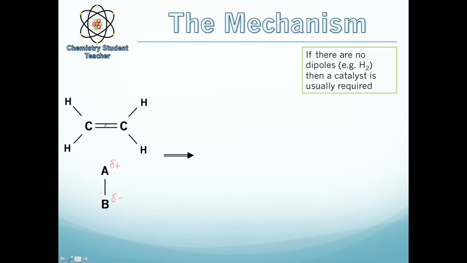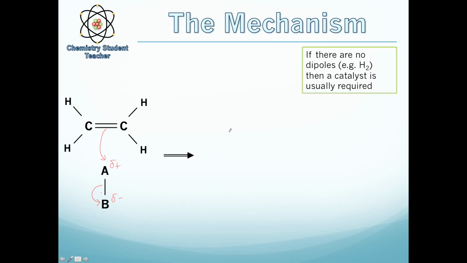This means as we approach this high electron density area, A is not only attracted, but it almost pushes those electrons further away because they're negative as well, breaking that bond. So what actually happens is this carbon-carbon double bond breaks, a pair of electrons moves to this delta positive atom, and the pair of electrons from this bond of AB breaks and goes to B.